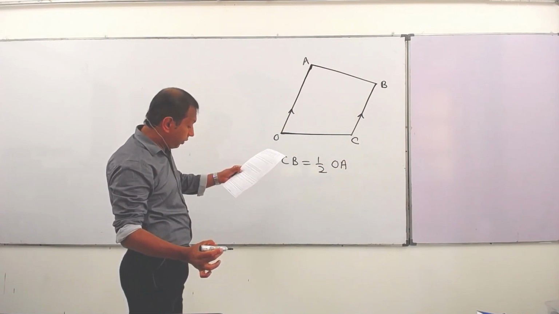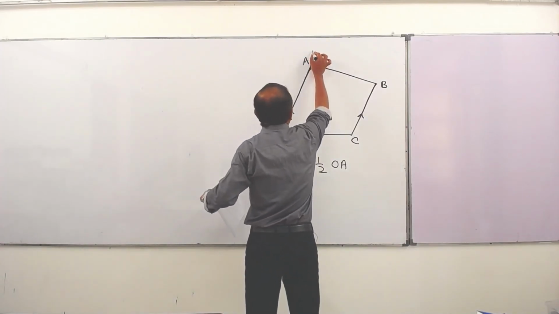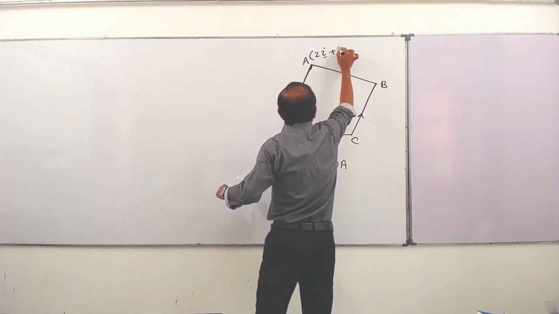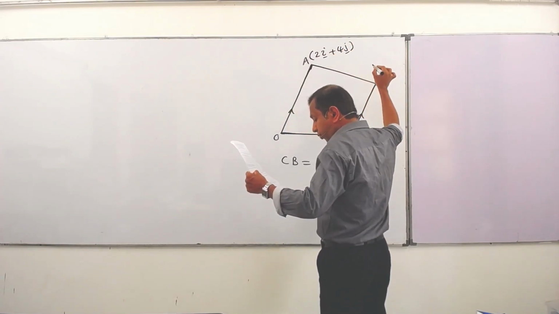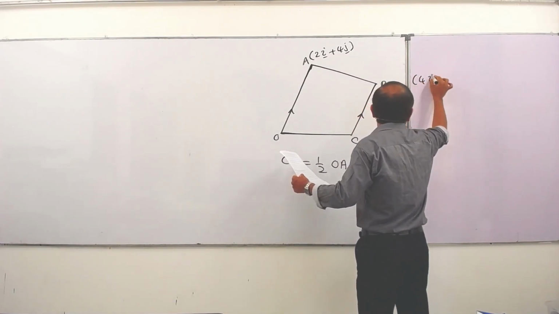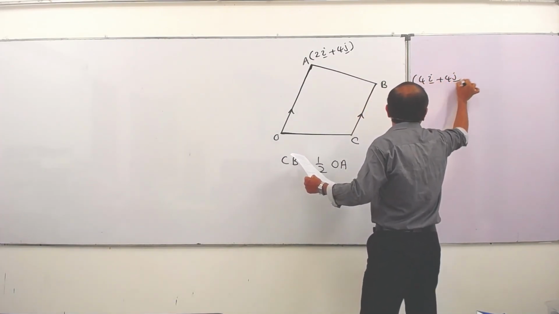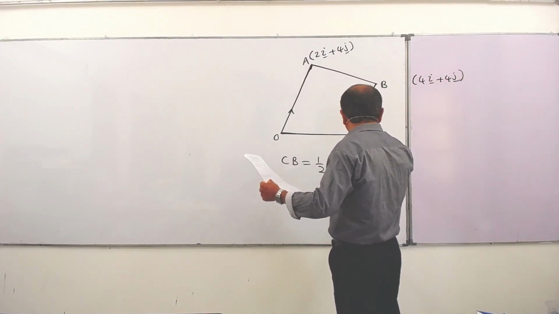Point A has the position vector 2i plus 4j. B is 4i plus 4j. Right? C is lambda i plus mu j.